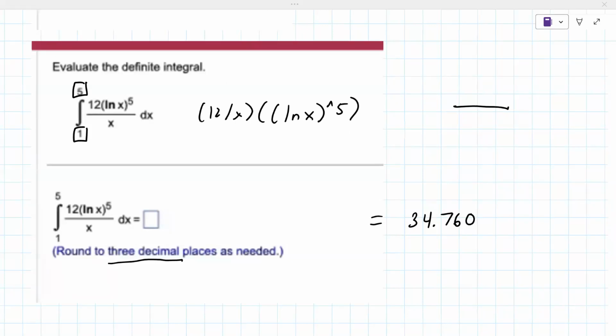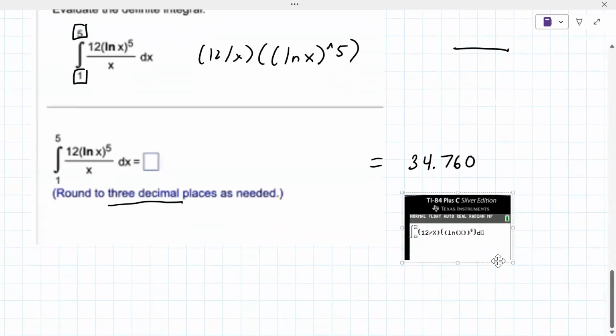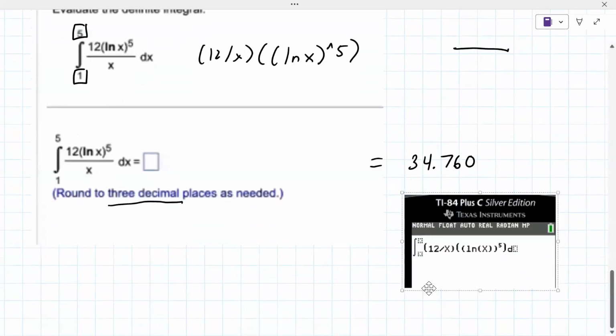Slash back, close parentheses, open parentheses. I'll snip in a picture here if I can get this to work. Okay, I entered it. I got 34 point something, the same answer. So you just gotta be creative with how you do that, and we can maybe talk length.